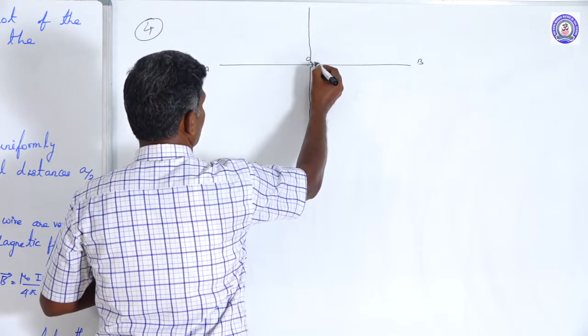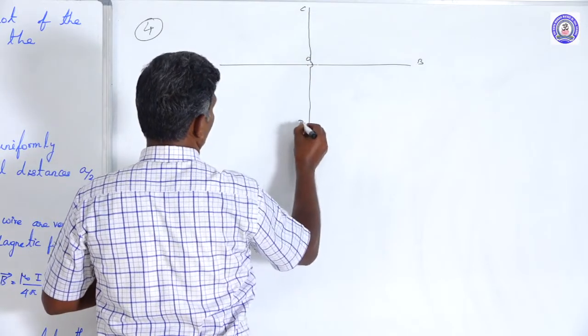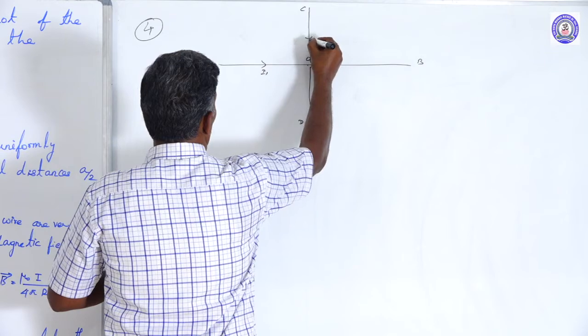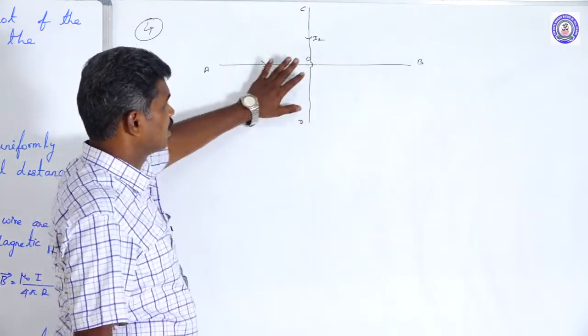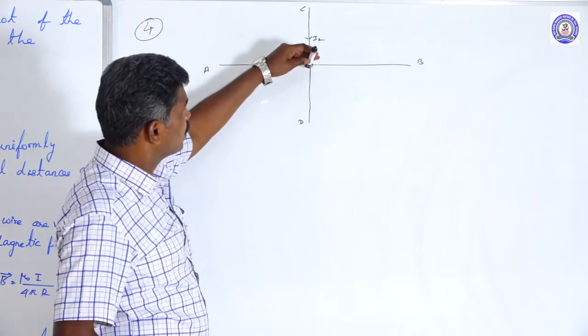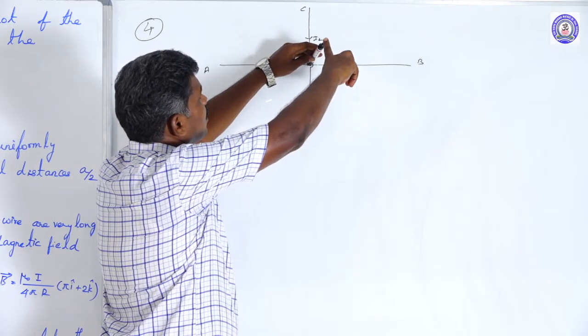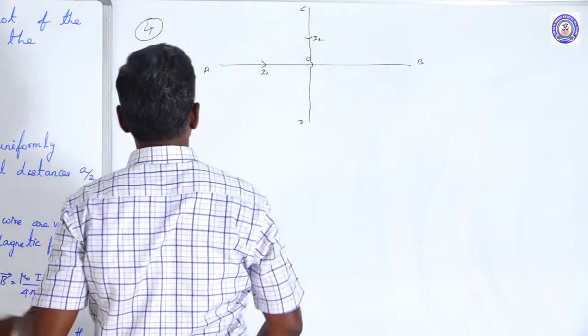The symbol is used for no connection. The second conductor is COD. We are passing currents I1 and I2. Perpendicular to that plane, we take one point at a distance d. The given distance is d.